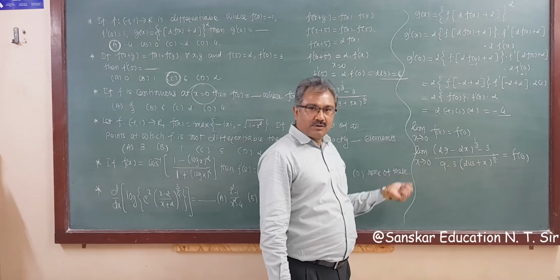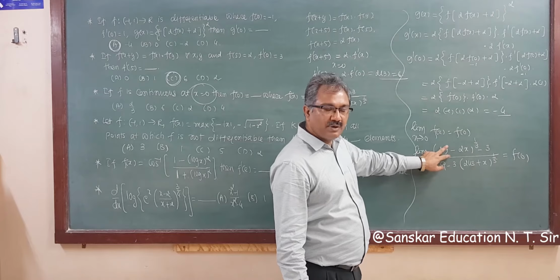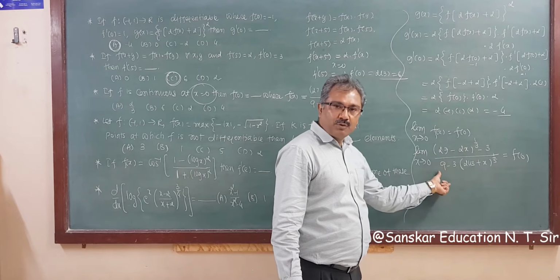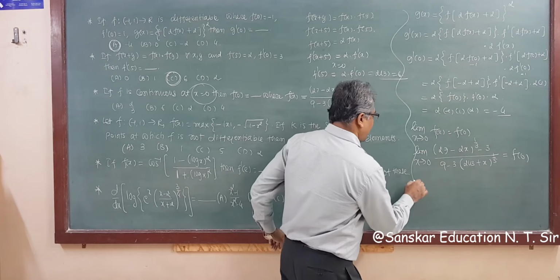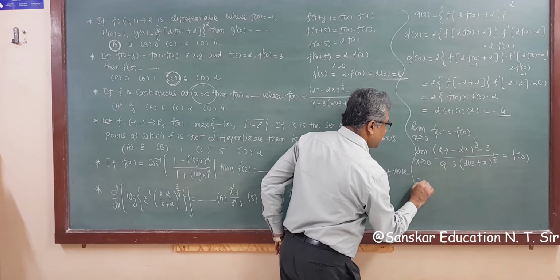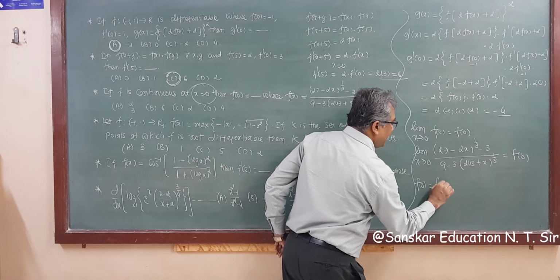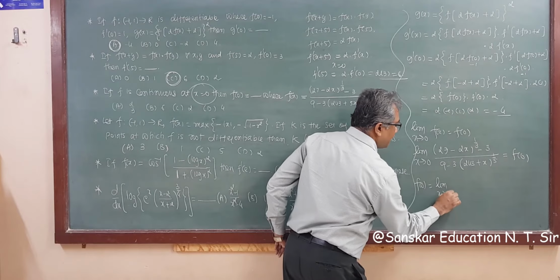So applying L'Hopital rule, derivative of the numerator in numerator, derivative of the denominator in denominator. Differentiating with respect to x, I am writing f(0) first, limit x tends to 0.